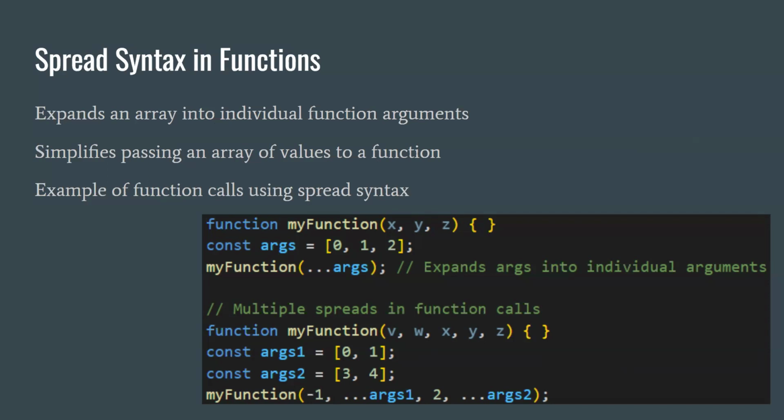With spread syntax, you can simplify this process by just prefixing your array with 3 dots. This will expand the array into individual arguments, fitting perfectly into the function call. It's a cleaner and more intuitive way to pass an array of values as separate arguments to a function.